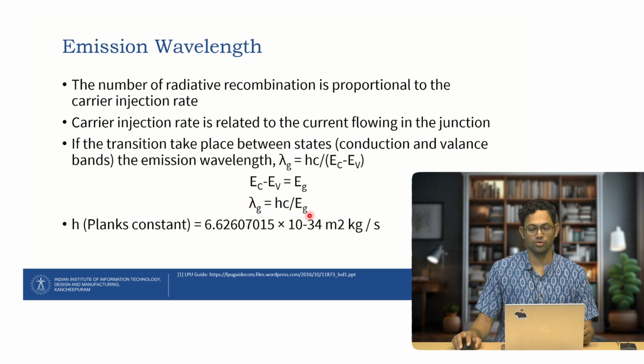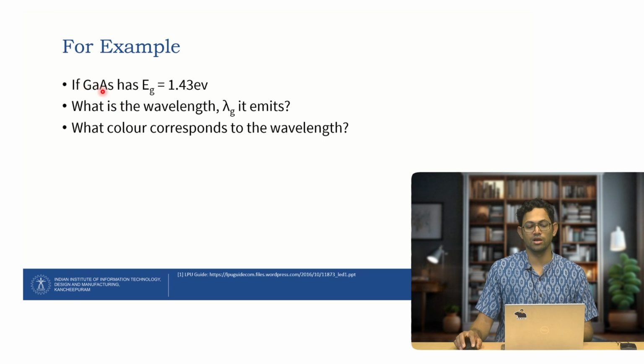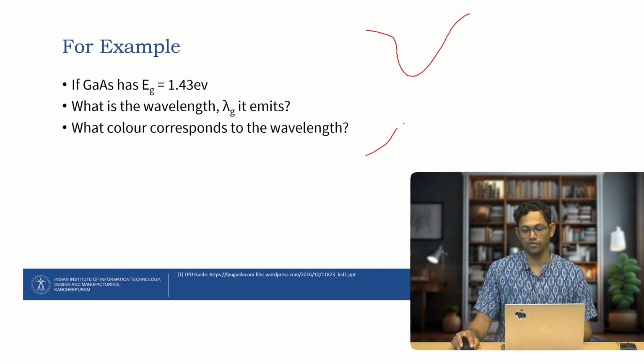For example, I've given one example here: gallium arsenide, which has a band gap of 1.43 eV. Now again, what do you mean by band gap? You have the conduction band and the valence band. Your electron is placed in the conduction band at the top and your hole is present in the valence band at the bottom.